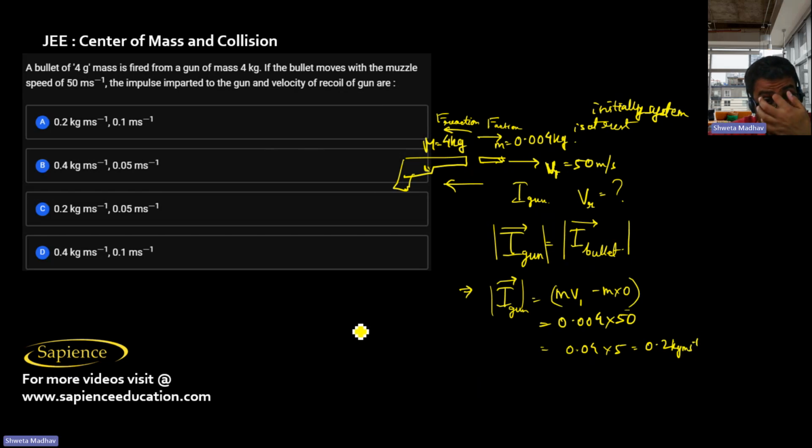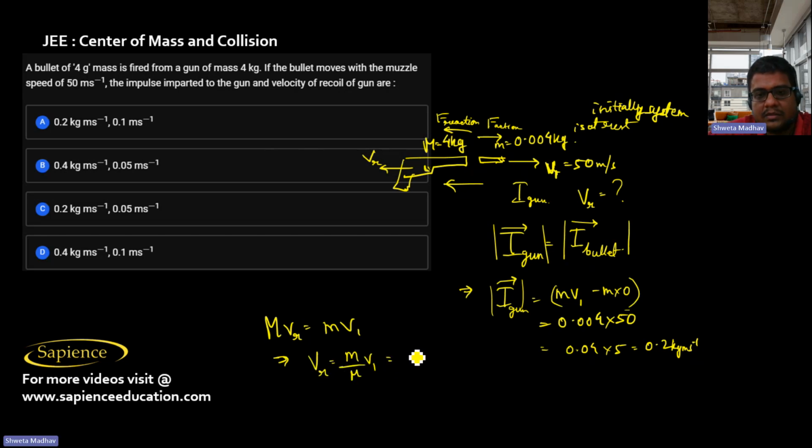And the recoil velocity of the gun we have to find out. So we can say M into the velocity of recoil will be the same as the impulse, so the gun will recoil with a velocity vr. Vr only we have to find. That will be the same as m into v1. So vr will be equal to m by M into v1.